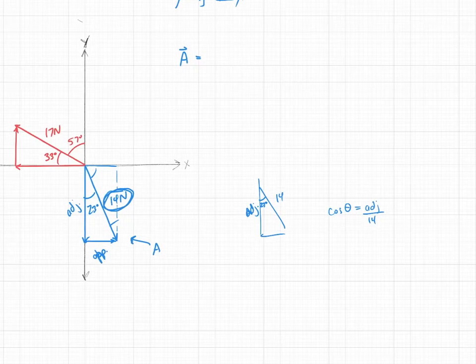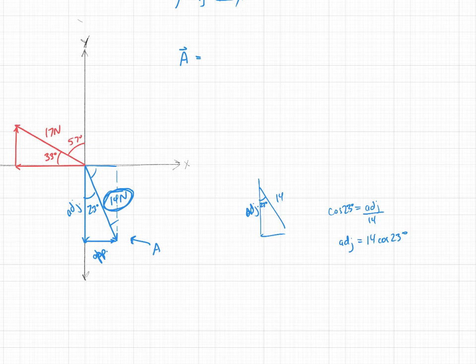In this case, this is for the 23 degree angle. So the cosine of that 23 degree angle gives the adjacent equals 14 cosine 23.